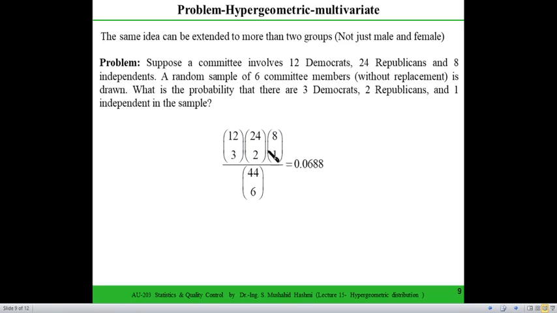So we have extended this idea to more than 2 groups, and if you have more groups, you can extend it further. This is called multivariate hypergeometric, where you pick a committee of 6 members without replacement. The key to identifying a hypergeometric distribution is the phrase without replacement.